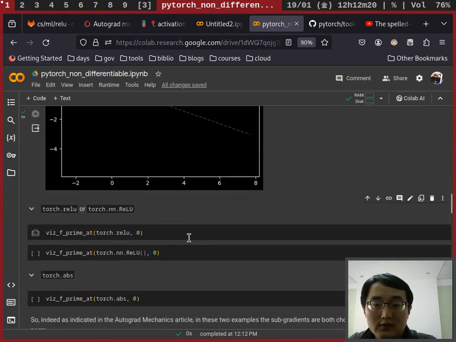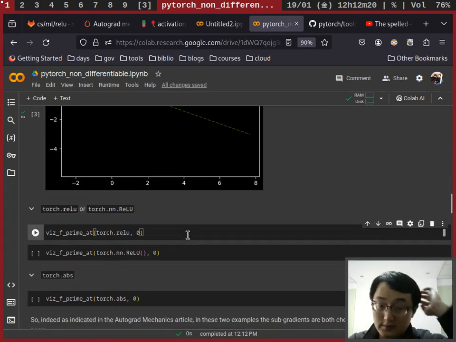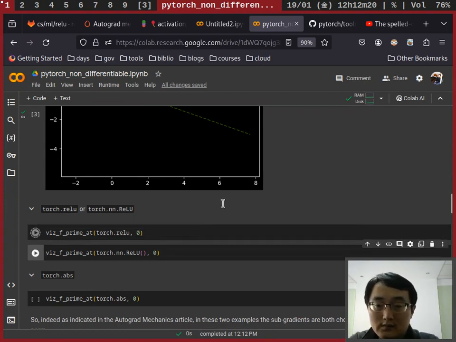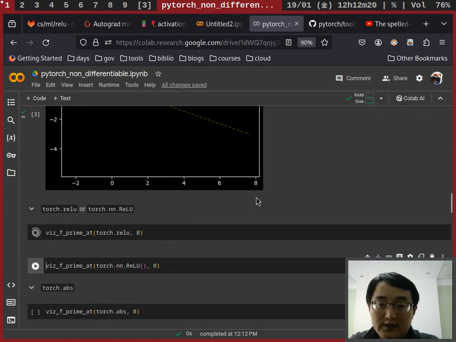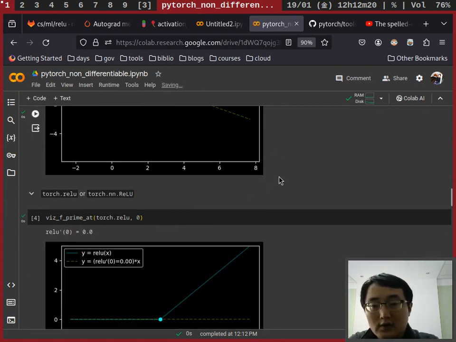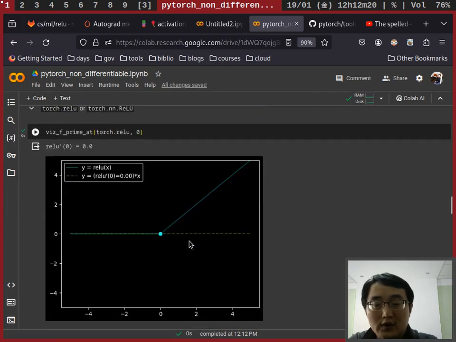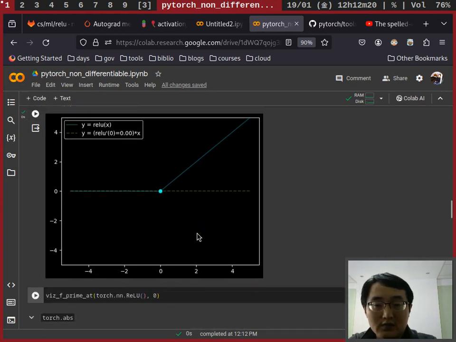And now we'll try the question we are interested in, that is ReLU prime of 0. It will visualize ReLU prime of 0, telling us which subgradient PyTorch chooses, and here PyTorch chooses the subgradient with slope equal to 0.